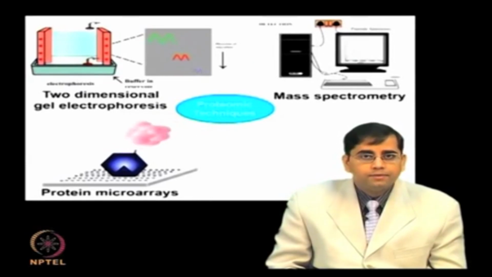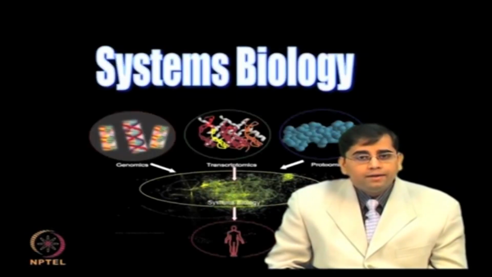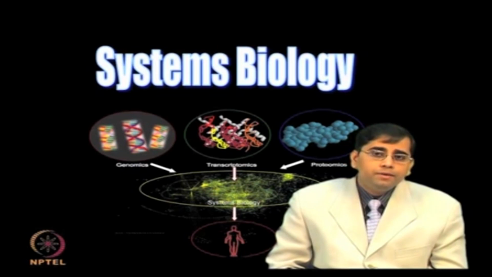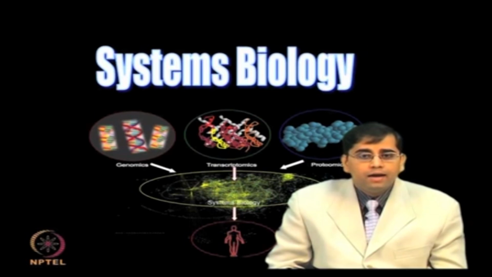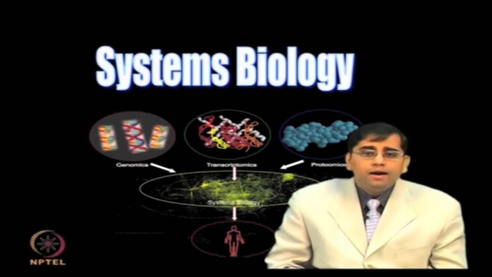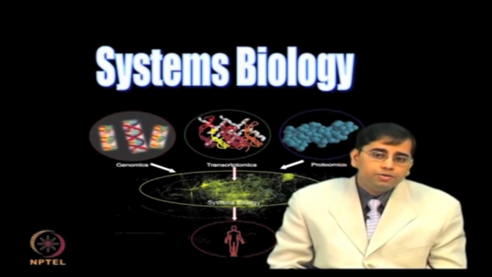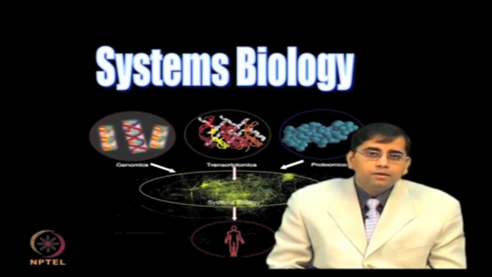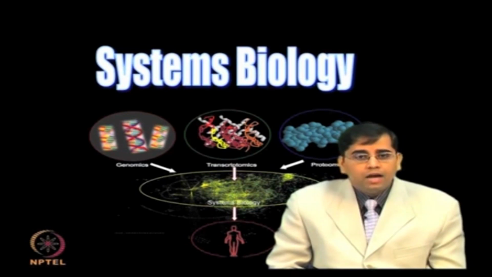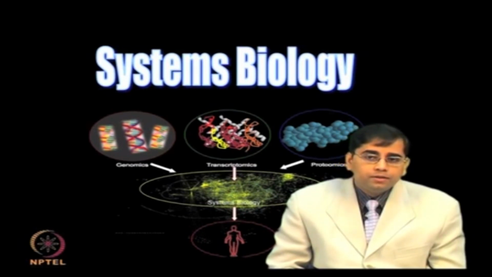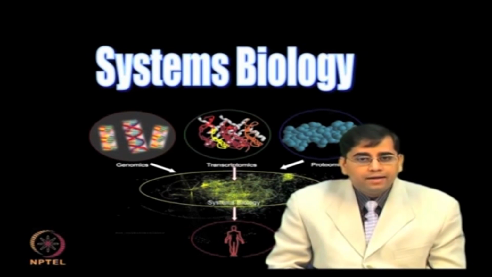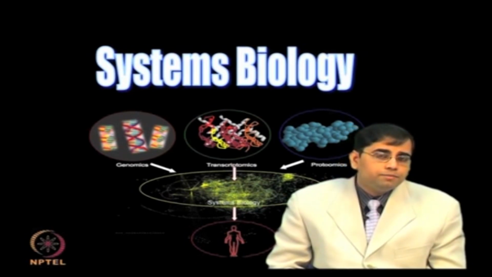In the omics era, technological advancement in genomics, proteomics and metabolomics have generated large-scale data sets in all the aspects of biology. These large data sets have motivated computational biology and systems approaches with the objective of understanding the biological system as a whole.